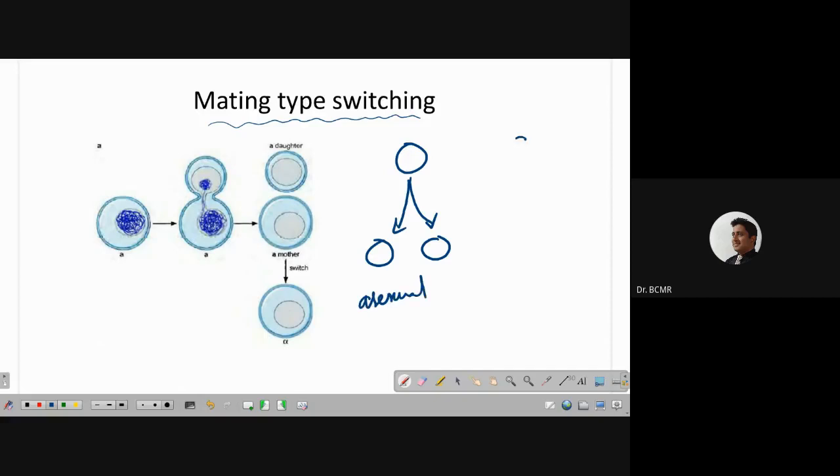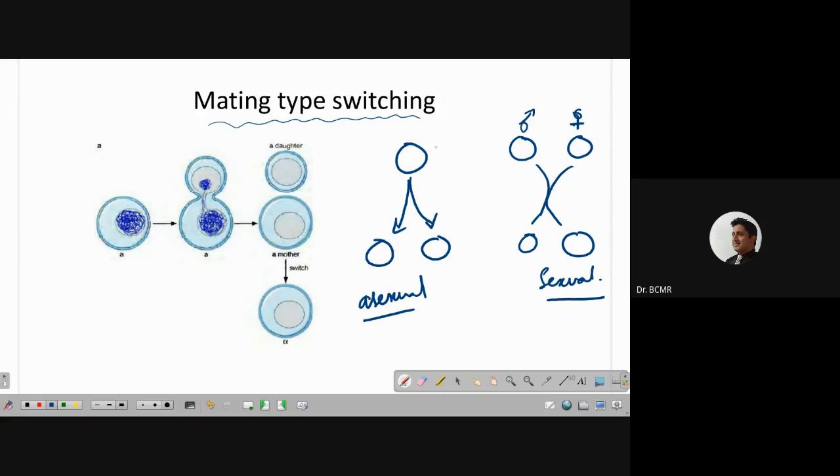In other cases, we give rise to 2 individuals, male and female, and they give rise to offspring. And this is sexual reproduction. Which one is logical? Which one is better, and why?